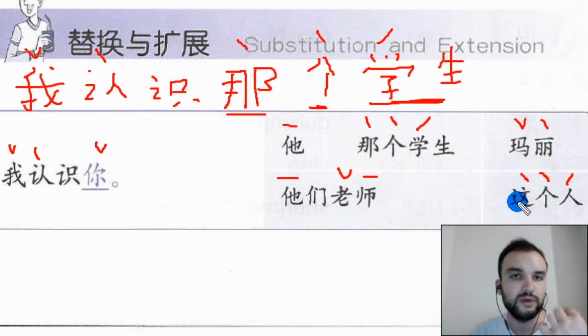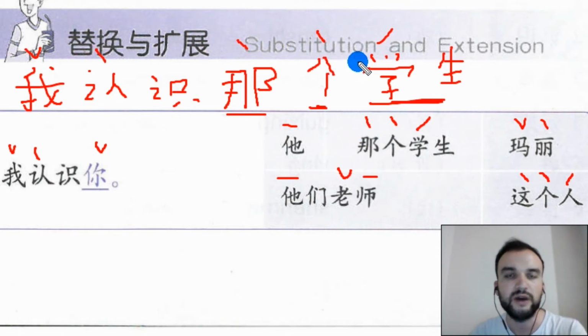If we want to say this person, we say 这个人. And if we give a count, for example, if you want to say 5 students, we should say 五个学生. Again, we should use 个. Before nouns, we should use this measure word.